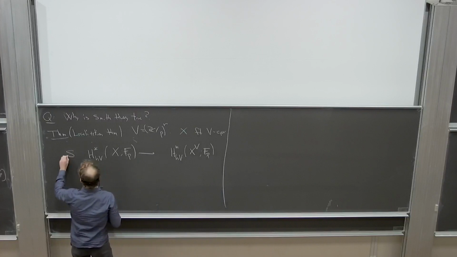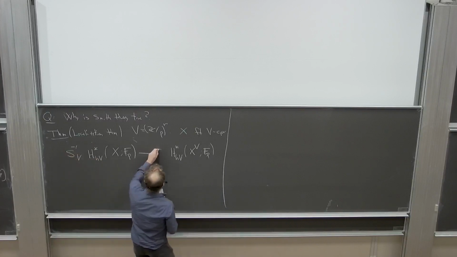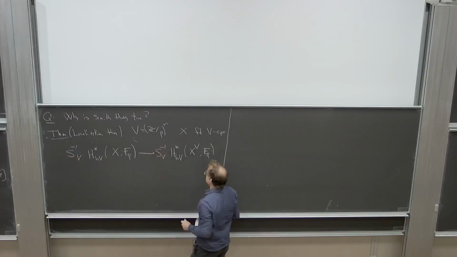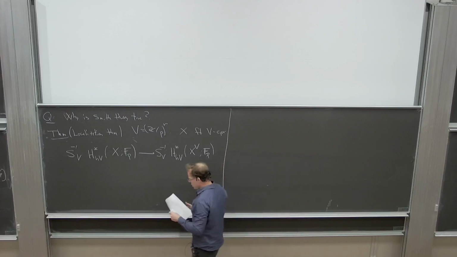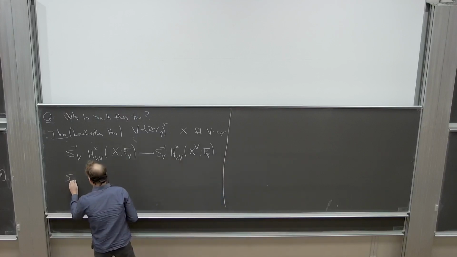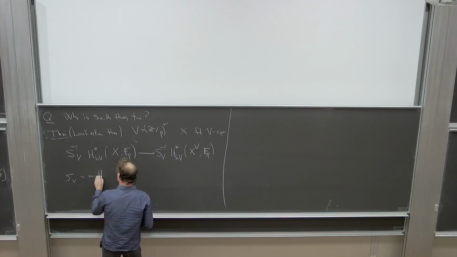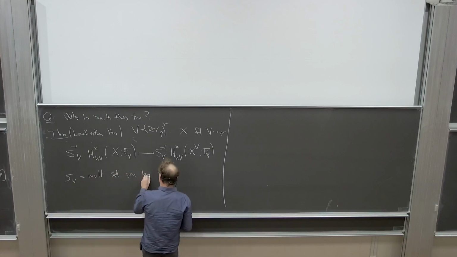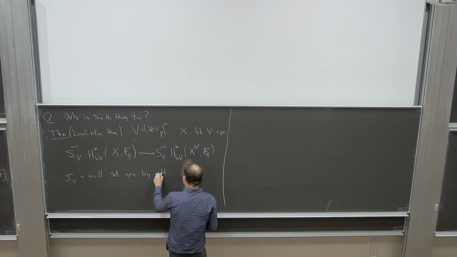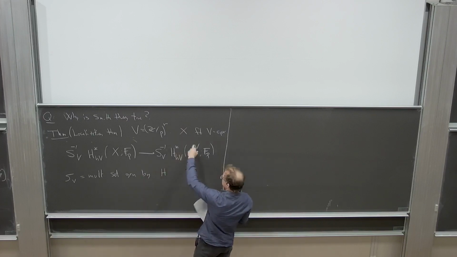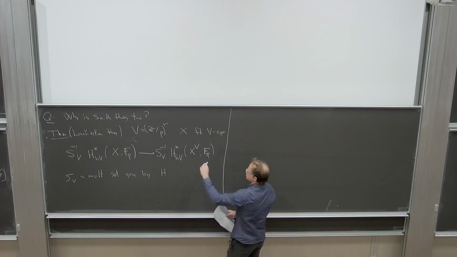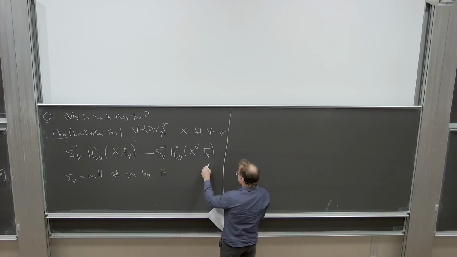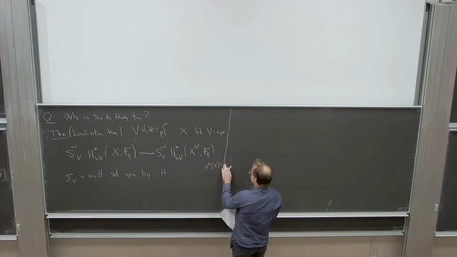And the thing we have to invert is this S_V, this multiplicative set generated by all the elements. So all of these are H*(BV)-modules.